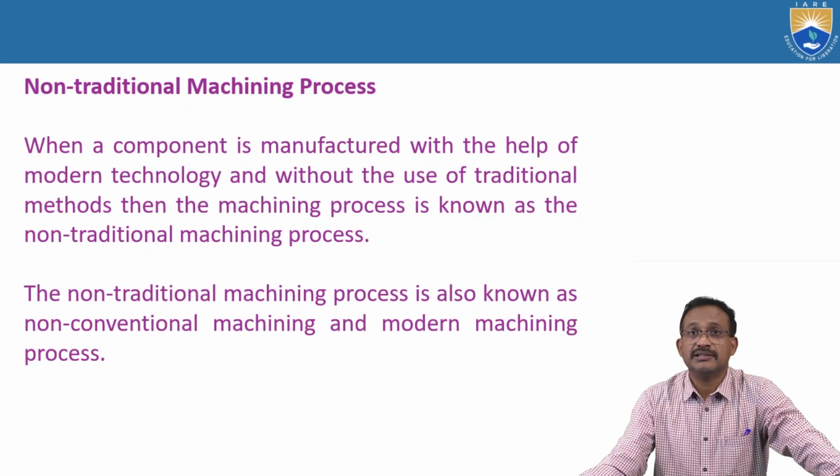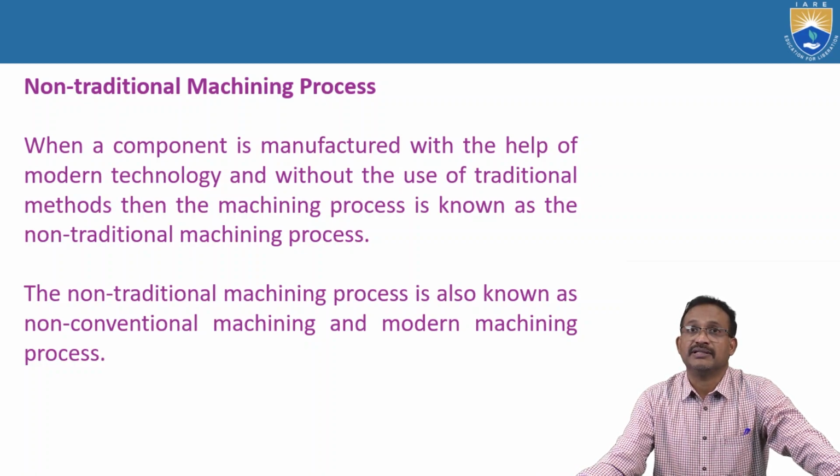For milling machines, we have CNC milling machines. CNC means computer numerical control machines. And even robotic technology is also adopted to control all these traditional machining processes. That was the development, but the next development of that process is not the non-traditional machining process.